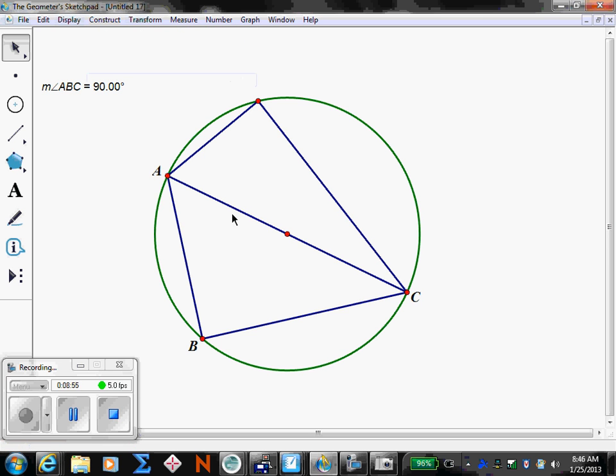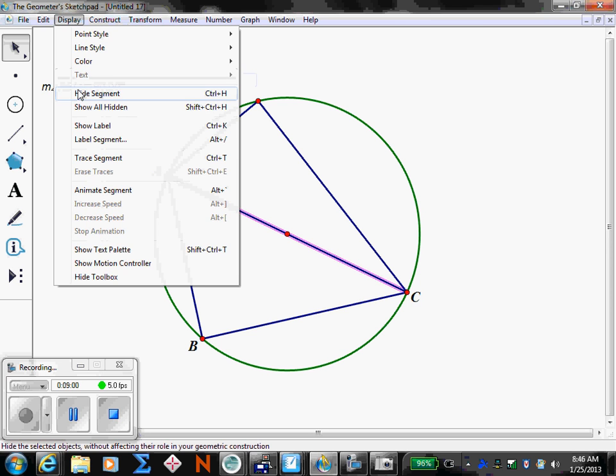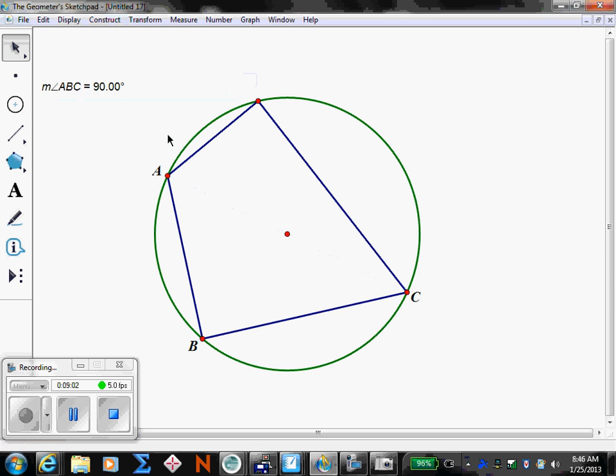I can hide the diameter for this one. And I have a 4-sided figure, which we call a cyclic quadrilateral because all 4 vertices lie on the circle. Now, let's measure the angles and see what happens here with our cyclic quadrilateral.